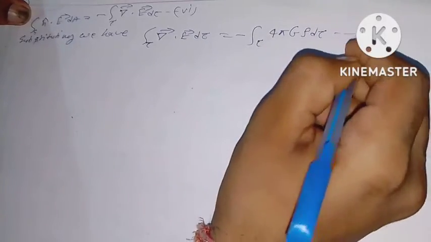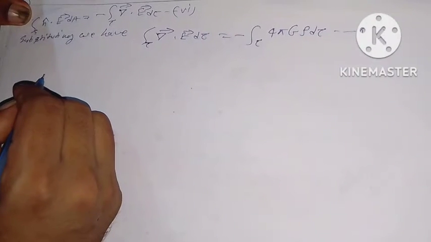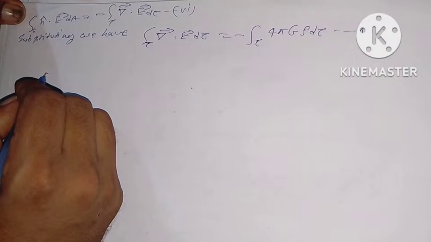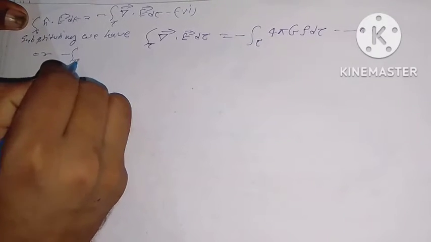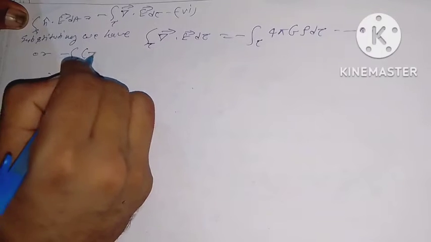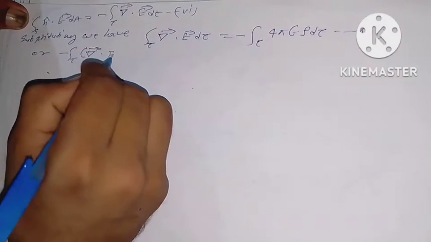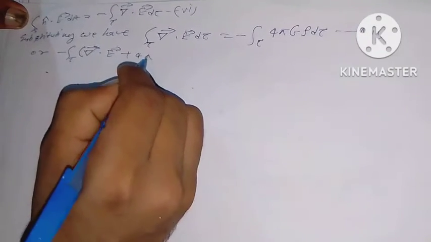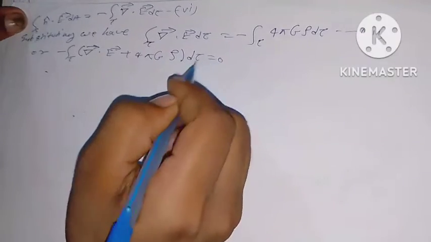This is equation number 7. So the integration over tau of the bracket del dot vector E plus 4 pi G rho d tau is 0.